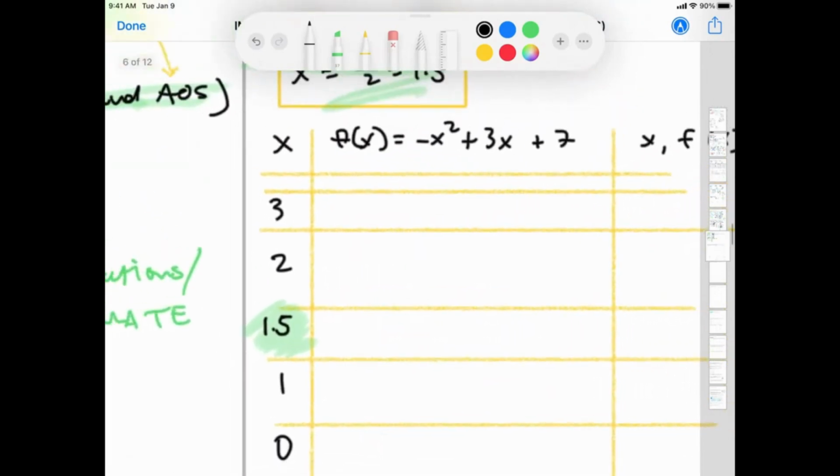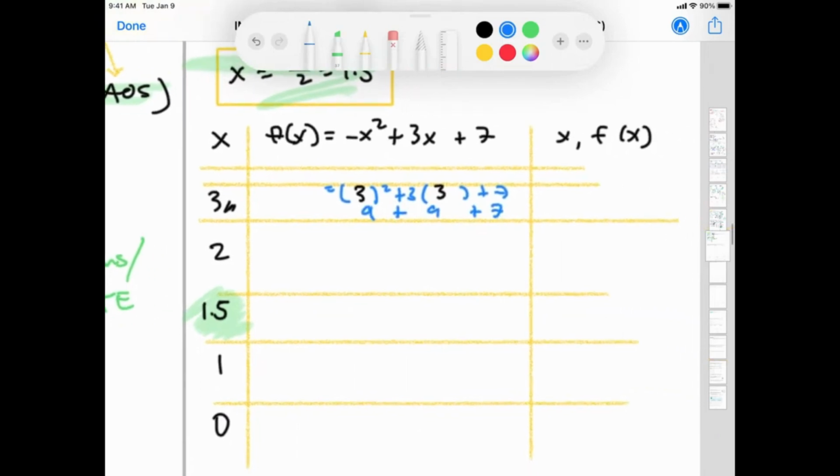Okay, let's go ahead and evaluate this. Negative something squared plus 3 times something plus 7. If I have here 3, this will give us 9 plus 9 plus 7.